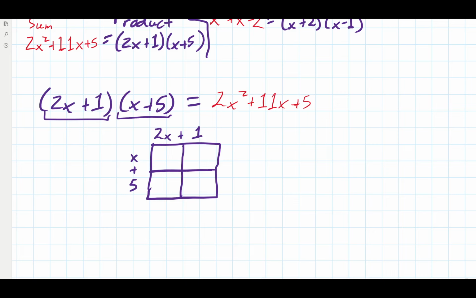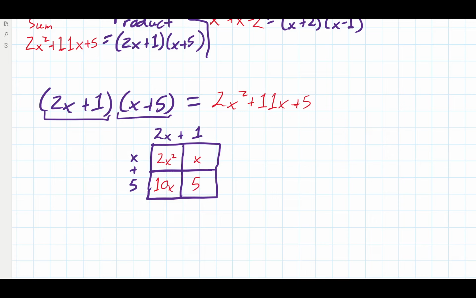So we have 2x times x, 2x squared, 1 times x, which is just x. Oh, excuse me, 2x times 5, which is 10x, and then 5 times 1, which is 5. And then if we were to collect our like terms, that's how we would get there.